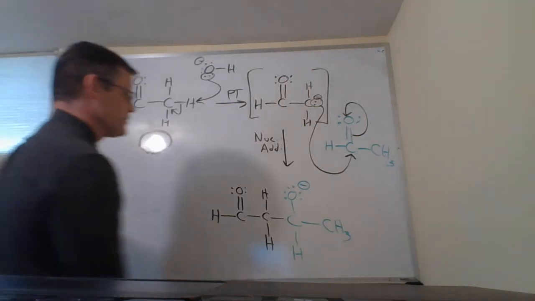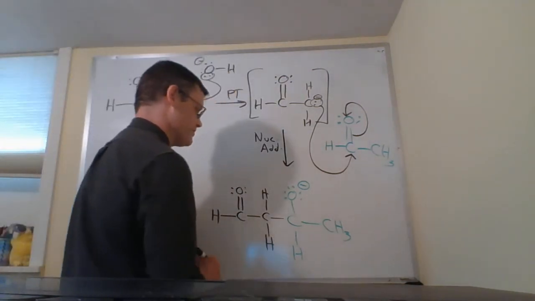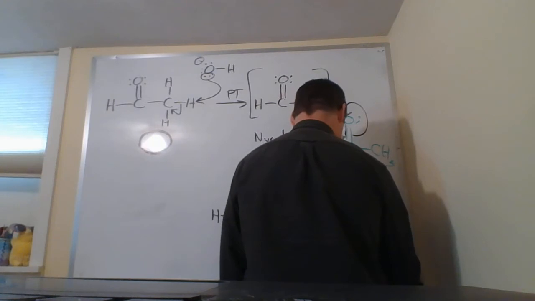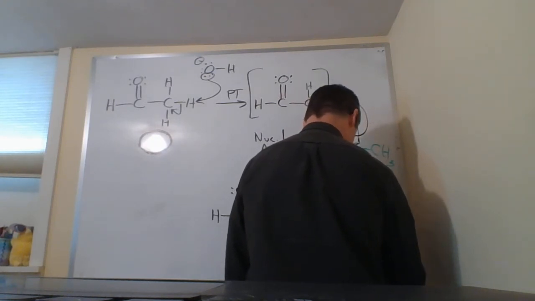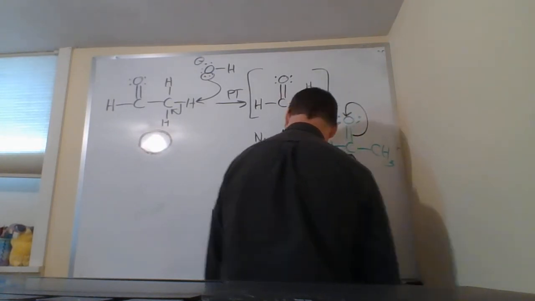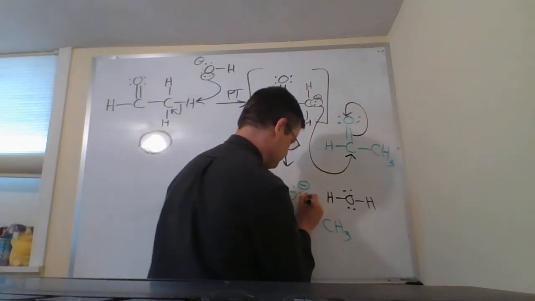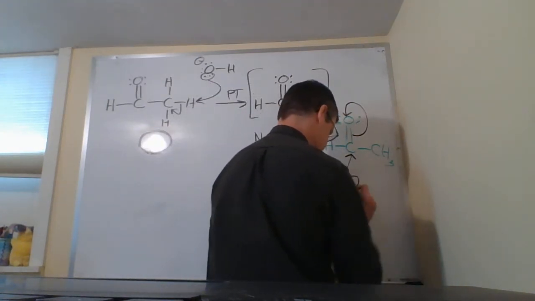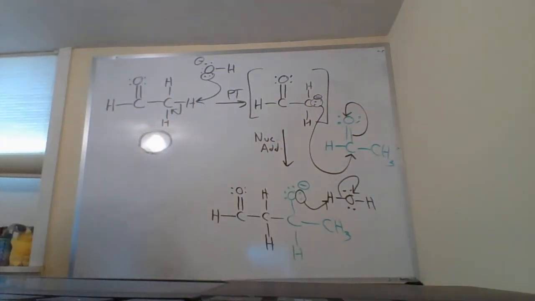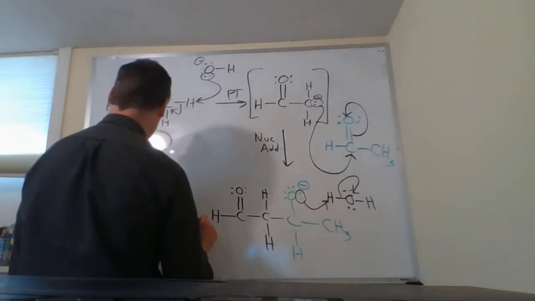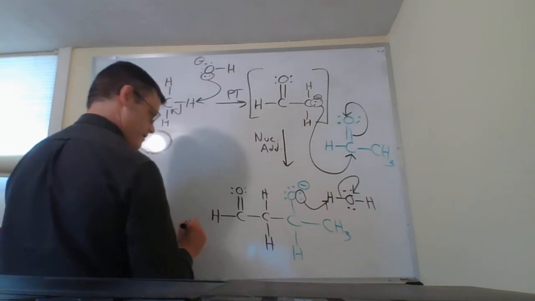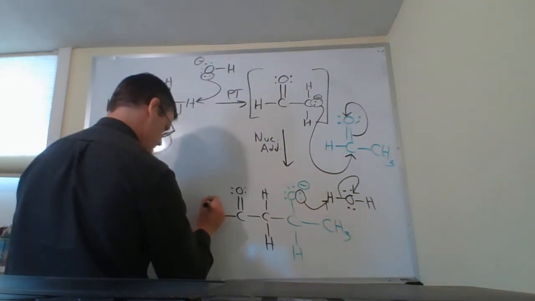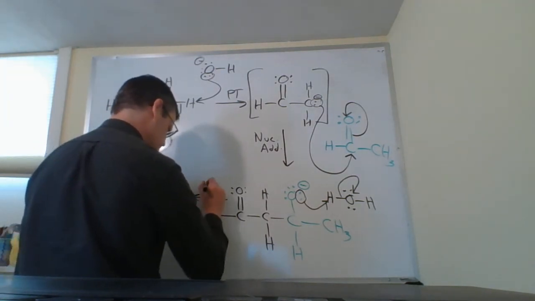All right, so we got one more step to get to the product. What do you think that's called? That is a proton transfer. And I may not have enough room to do this, so I'm going to squeeze it in here.